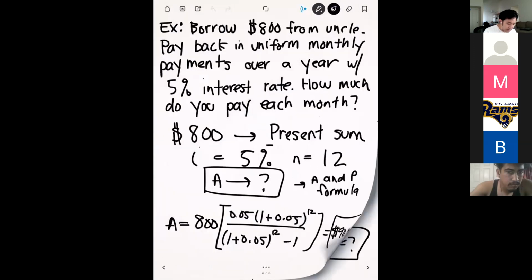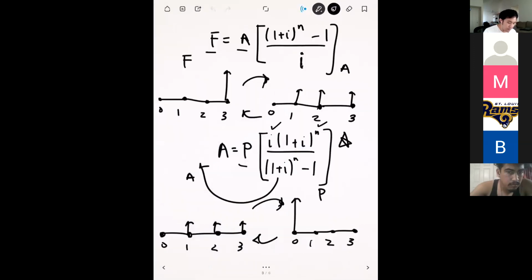And so the reason for that is, let me go back to the beginning here. We have this F given A formula, so we basically just use this one right here. You can see that when we use this formula and we convert a uniform series that occurs over 3 years, the F that results occurs on the last year of that uniform series. In this case, we had a uniform series that occurred for 3 years, and so the F that we calculated was for year 3.